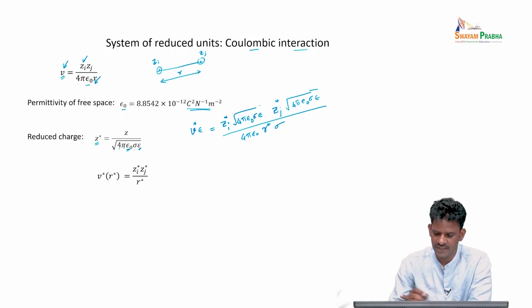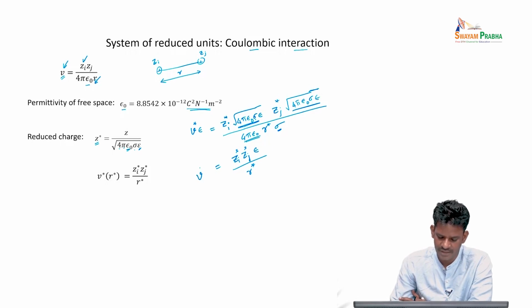So now you can see that the product of these within the square root will cancel with this 4 pi epsilon 0. So what is left on the numerator is Zi star Zj star times epsilon, and you have R star, and this sigma will get cancelled with this sigma. Okay, and then you have epsilon cancelling. So we have the reduced potential energy simply given as the product of reduced charges divided by simply R star.